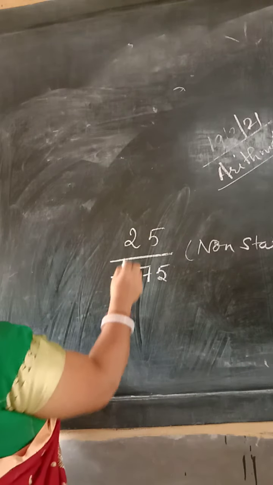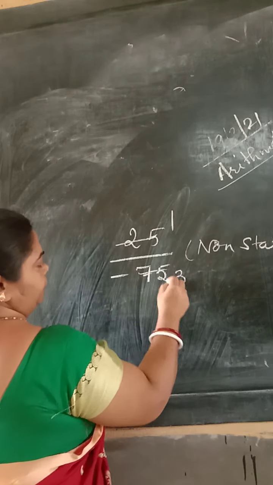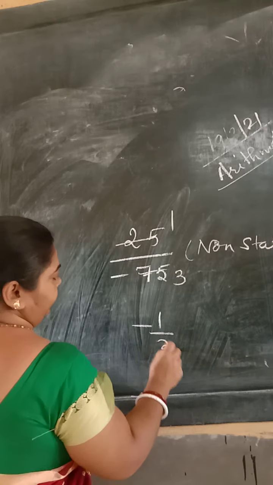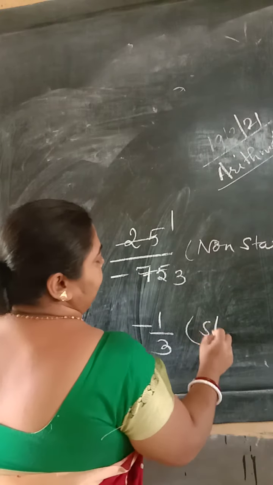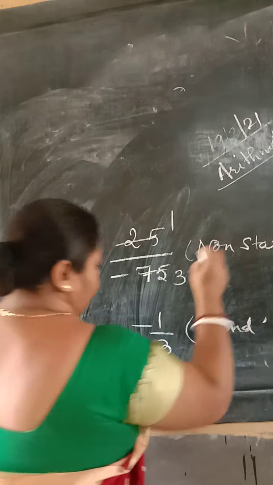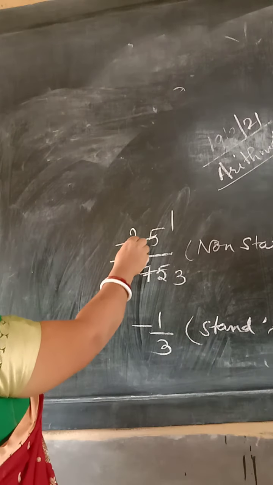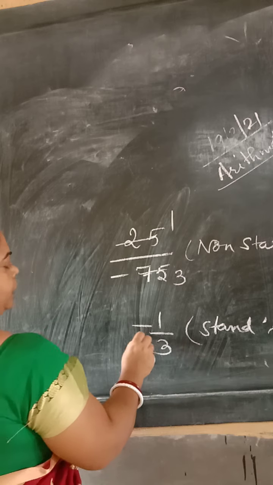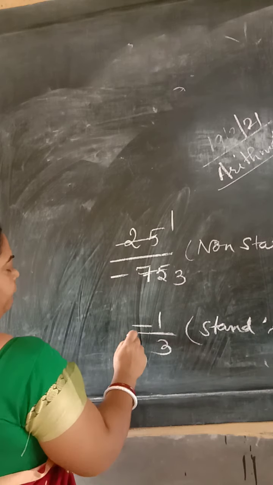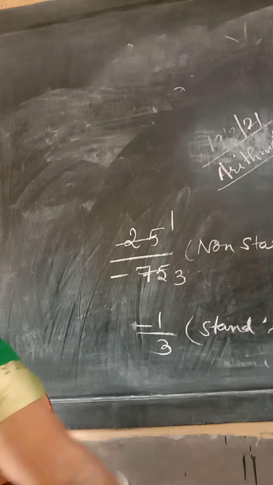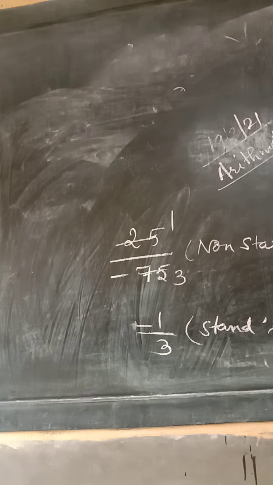When we rewrite it, minus 1 by 3, this is the standard form. What are the things that have changed? It has come to its lowest terms, and the denominator was negative, now the numerator is negative. We have interchanged the sign. So now it is in standard form.